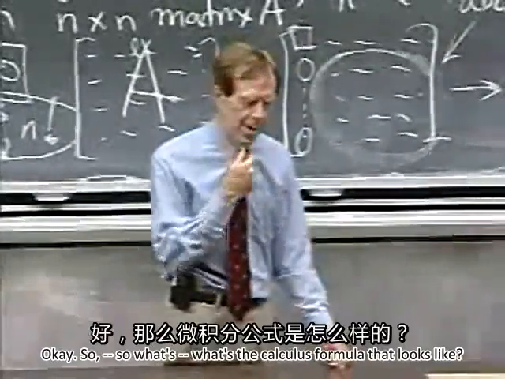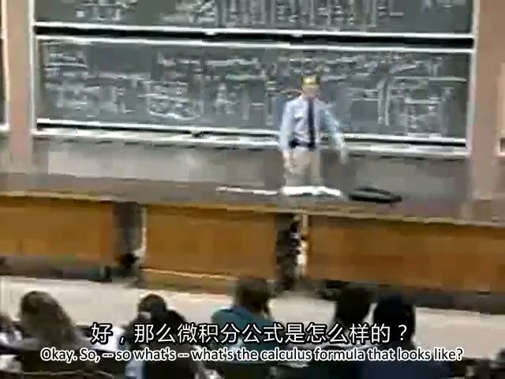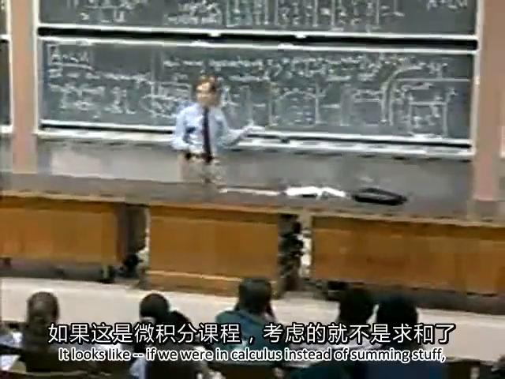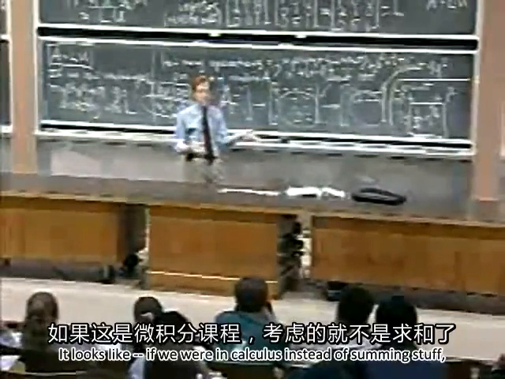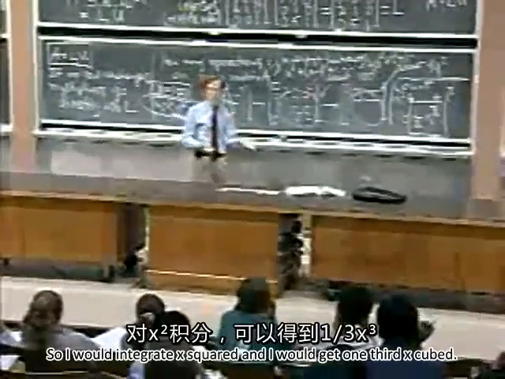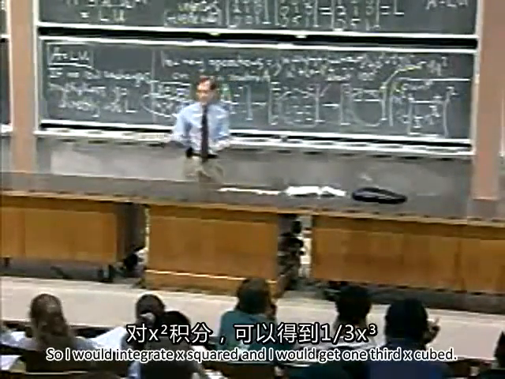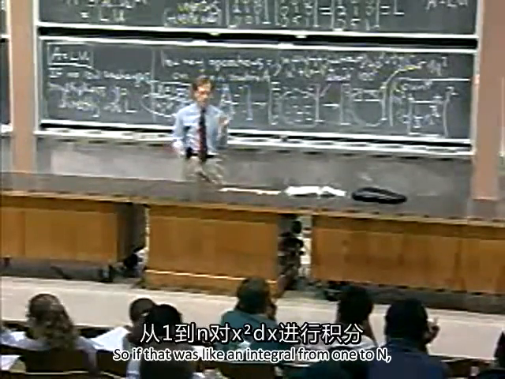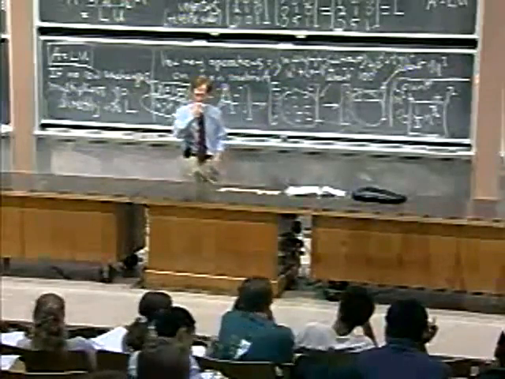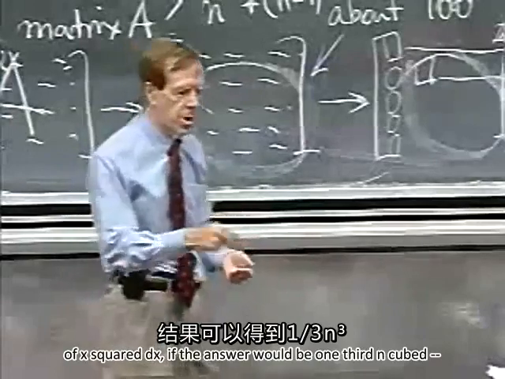Okay, so what's the calculus formula that looks like? If we were in calculus, instead of summing stuff, we would integrate. So I would integrate x squared, and I would get 1/3 x cubed. So if that was an integral from 1 to n of x squared dx, the answer would be 1/3 n cubed.